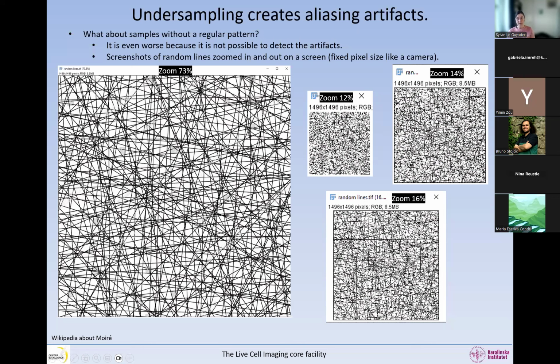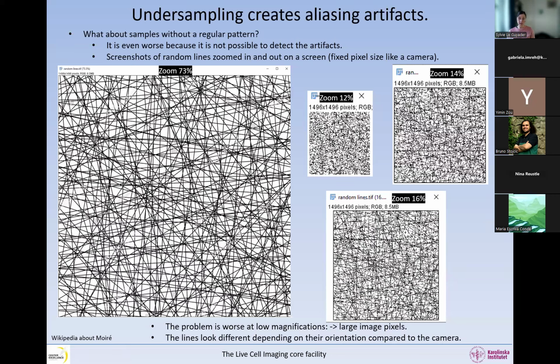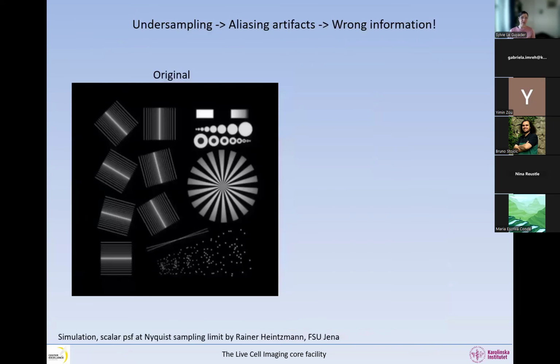So it's a bit random, and you get completely different images depending on how you undersample. The problem is worse at low magnification, because we have large pixels. And the lines look completely different depending on their orientation compared to the camera, which is actually a screenshot. Okay, so this is a little bit what happens in our samples.